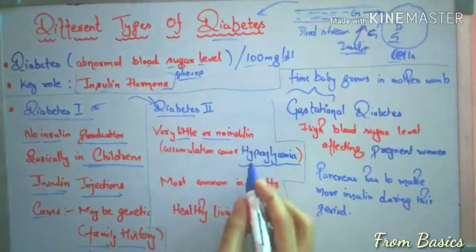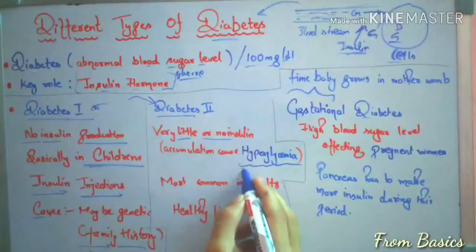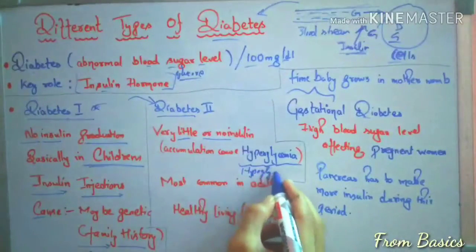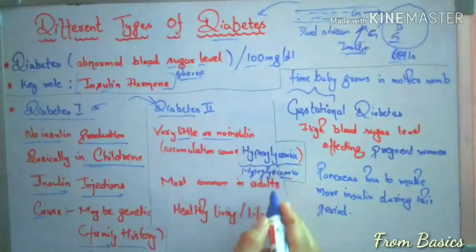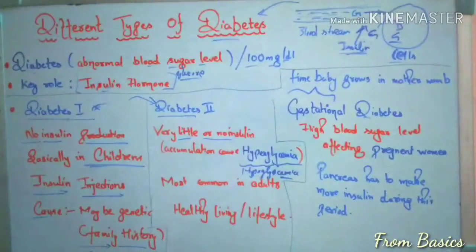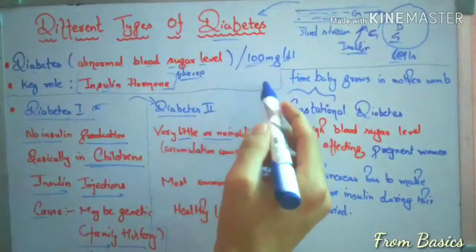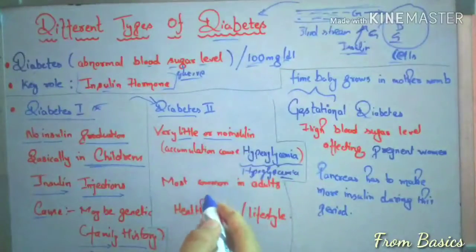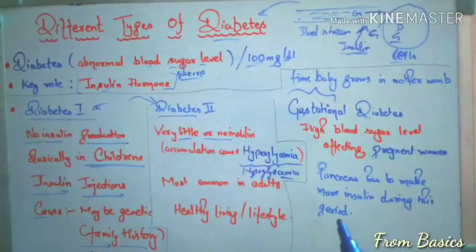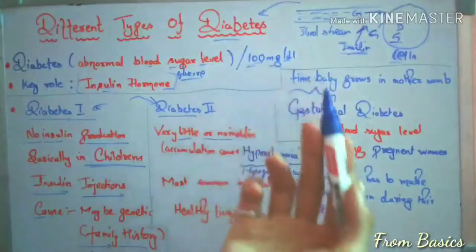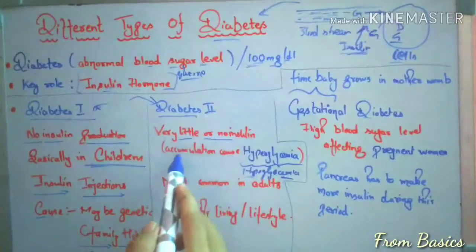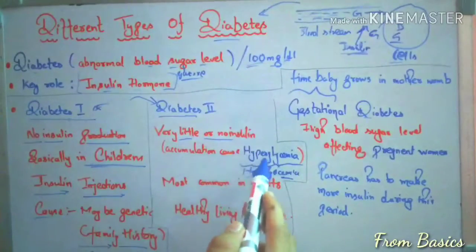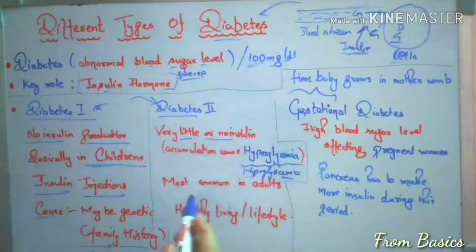The term related to hyperglycemia is hypoglycemia, but it is completely opposite. That is a lower level than normal, less than 100, you can say 70 mg per dl, 80 mg per dl, or 60 mg per dl. So that is hypoglycemia. But in diabetes 2, the accumulation of glucose in the bloodstream leads to hyperglycemia.